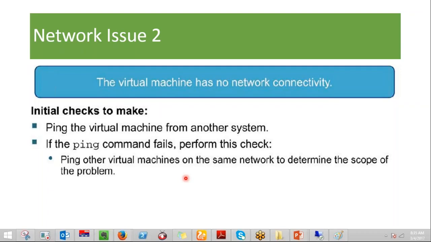That is the reason, in the second point, we have to check if the ping is not happening properly between servers on various subnets through your impacted virtual machine. Then you first verify a same-subnet system, and then you can determine the problem. Any questions on this slide?